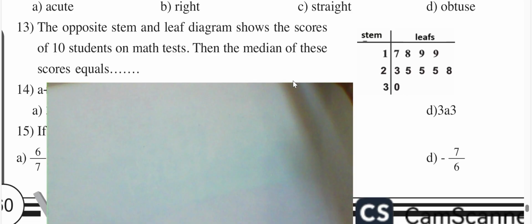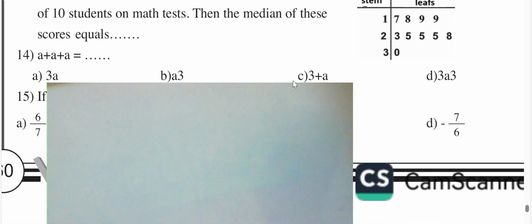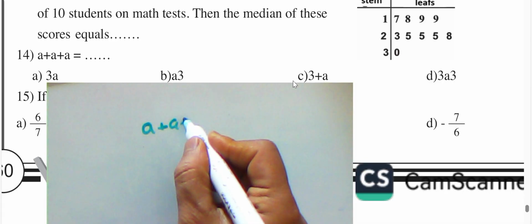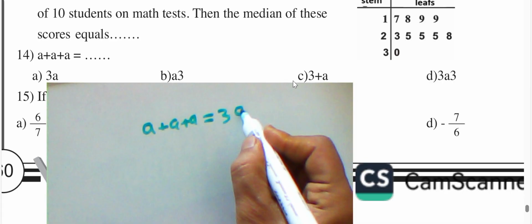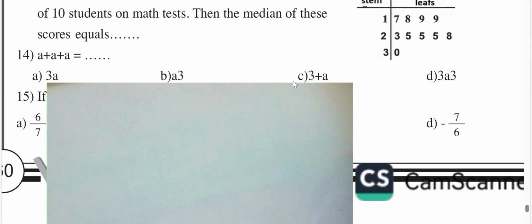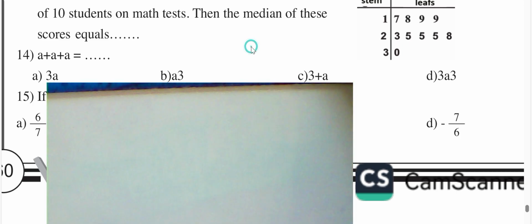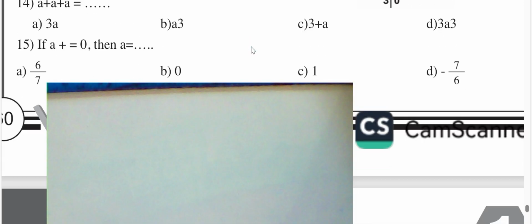Next example. A plus A plus A, the result will be 3A. Okay. Next question. If A plus what equals 0, then A equals what?